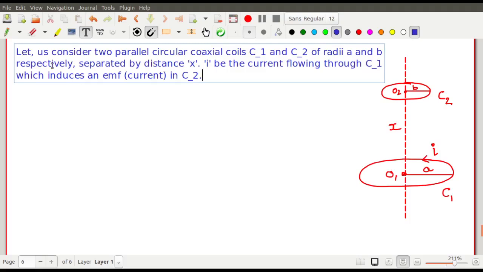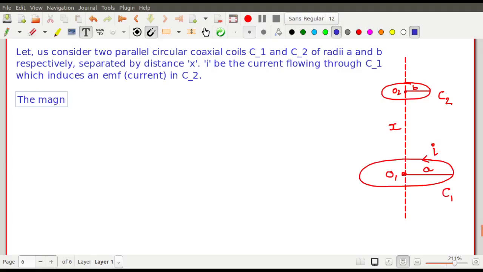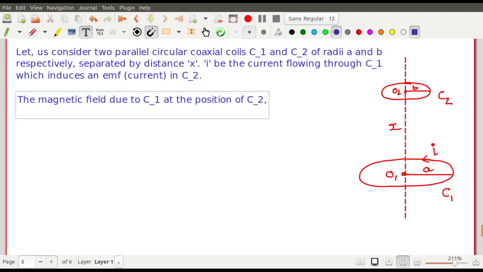Now here we start the calculation. First of all, I need to find the magnetic field due to this current. What will the magnetic field be at the position of the coil C2? So first of all, write the magnetic field due to C1 at the position of C2. How much will it be?